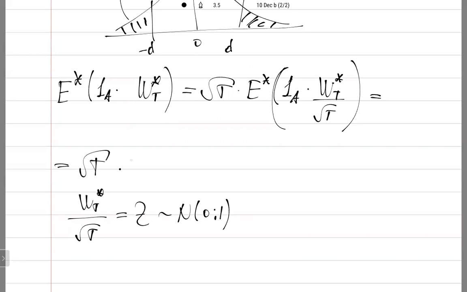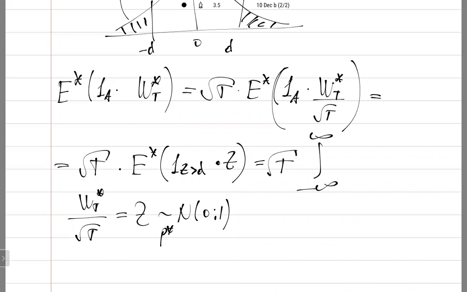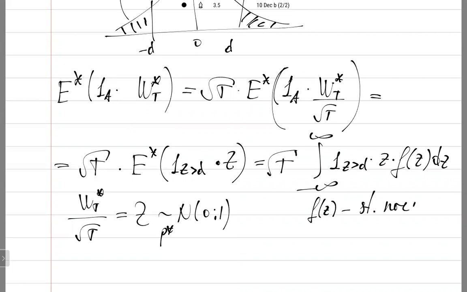So it's square root of T times expected value under P star of indicator that Z is greater than d multiplied by Z. And it's square root of T, integral from minus infinity to infinity, indicator that Z is greater than d times Z times f of Z dZ, where f of Z is the standard normal PDF.